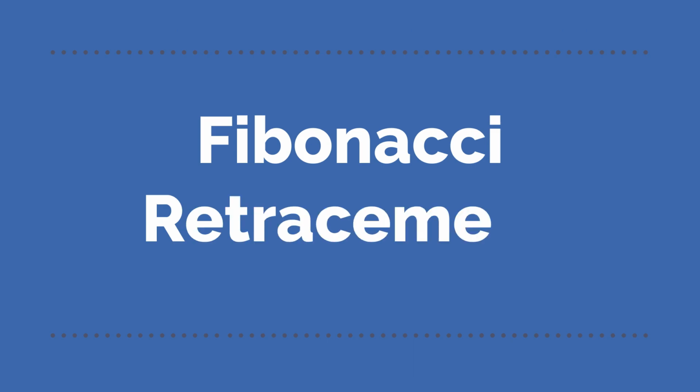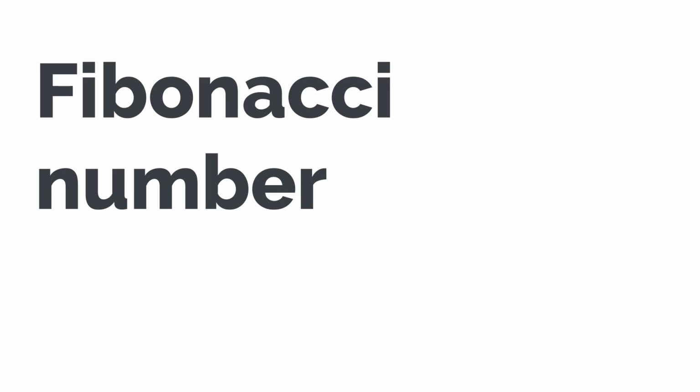Fibonacci retracement. Before I explain what Fibonacci retracement is, let's first understand what a Fibonacci number is. Fibonacci numbers are based on something called the golden ratio. Start a sequence of numbers with 0 and 1.